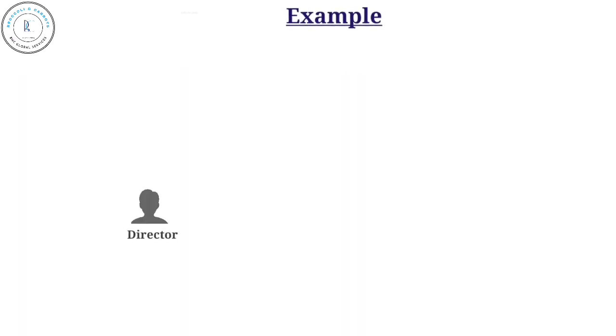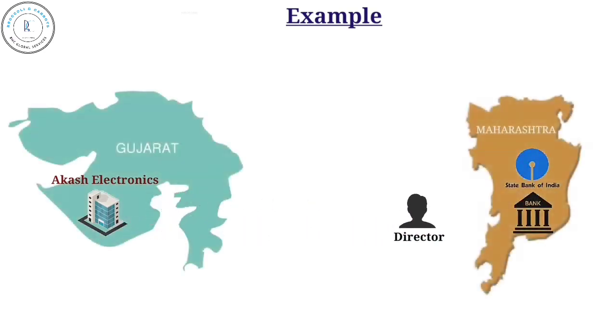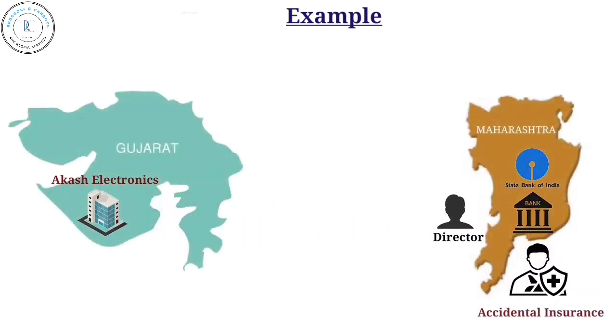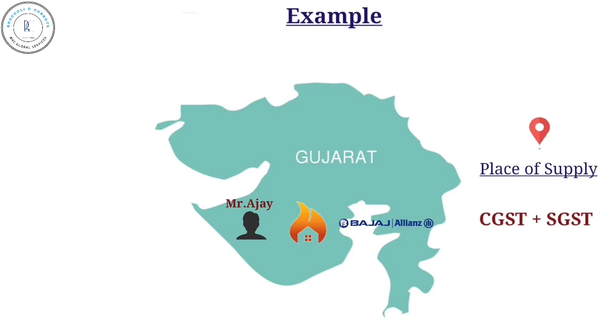Example: Director of Akash Electronics, Gujarat, visits SBI, Maharashtra, and opts for accidental insurance for employees. Place of supply will be Gujarat, and IGST will be levied. Mr. AJ, Gujarat, takes a fire insurance for his home from Bajaj Insurance, Gujarat. Place of supply will be Gujarat, and CGST and SGST will be levied.